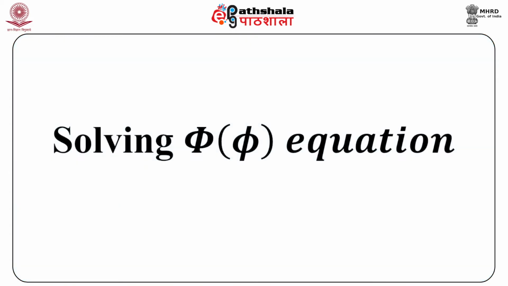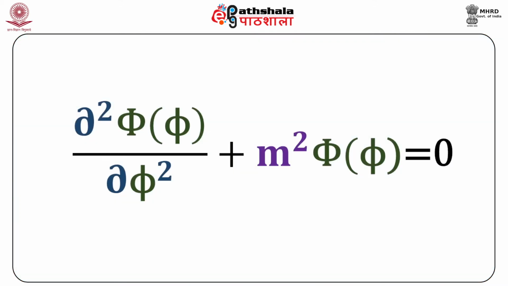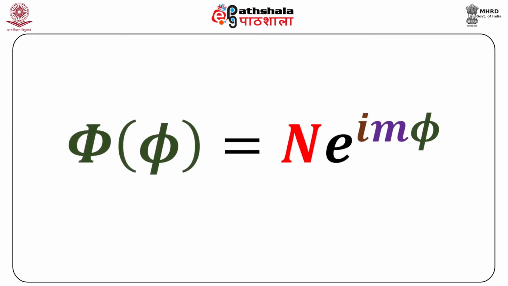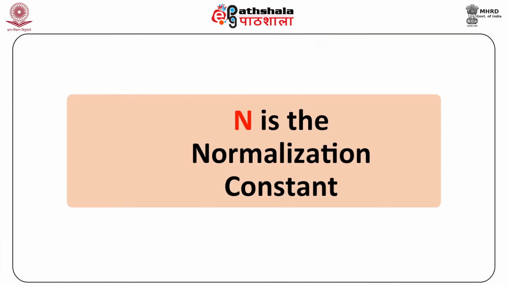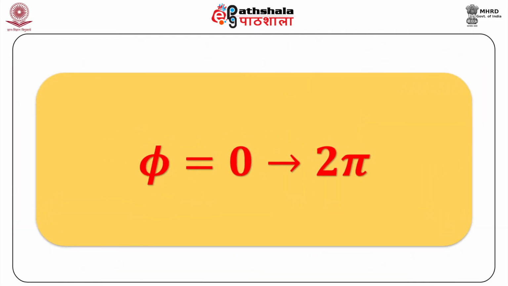First, let's solve the phi equation. If it is rearranged, we get ∂²Φ(φ) upon ∂φ² plus m² Φ(φ) is equal to 0. For this equation, the general solution is Φ(φ) equals N e to the power i m φ, where N is the normalization constant, and φ varies from 0 to 2π.